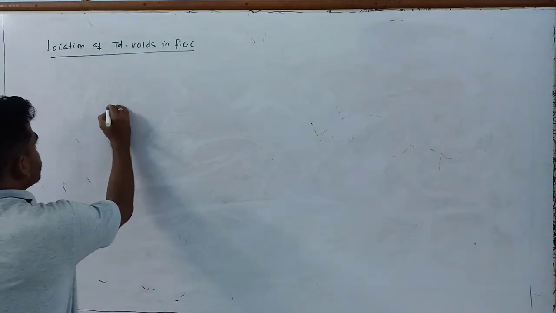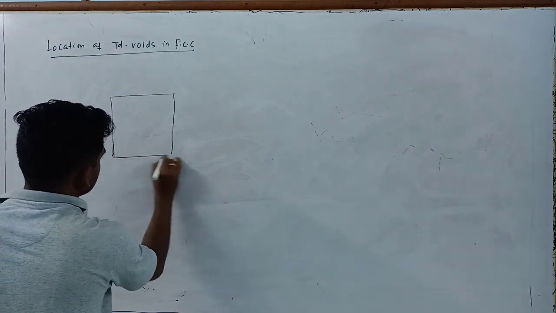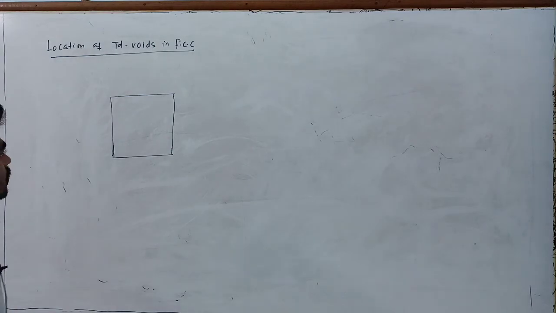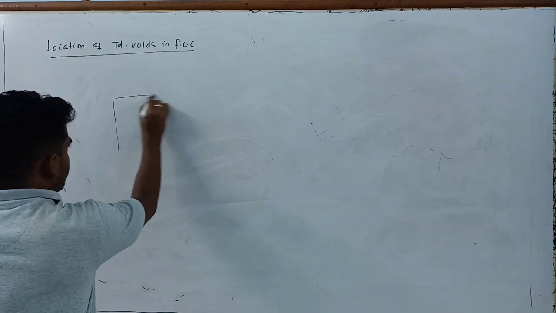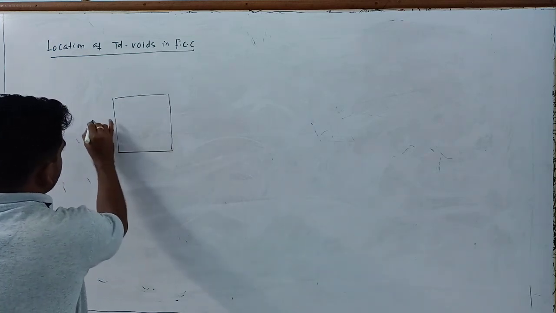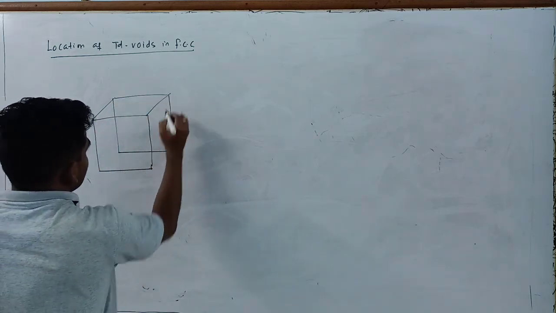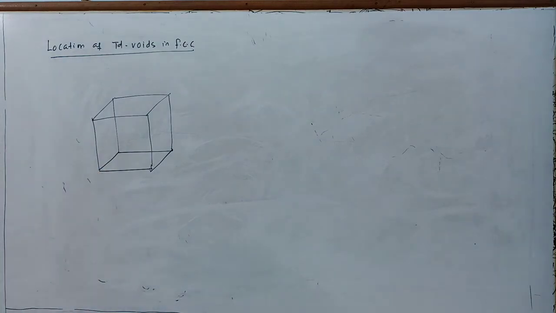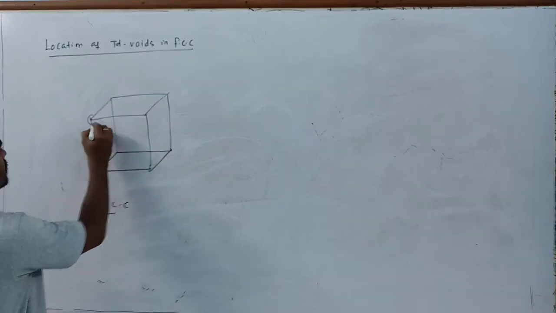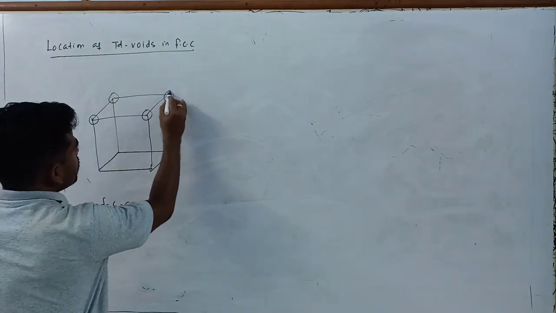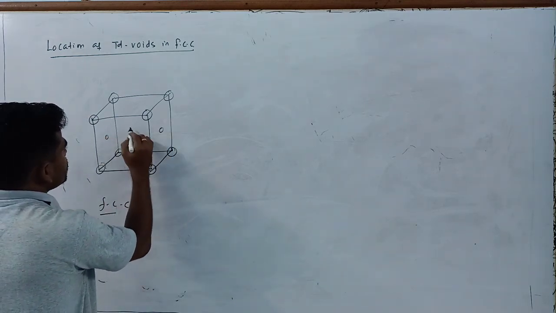So if I do a diagram of FCC, clear. So in FCC, the packing sites are at the corners along with each face center.